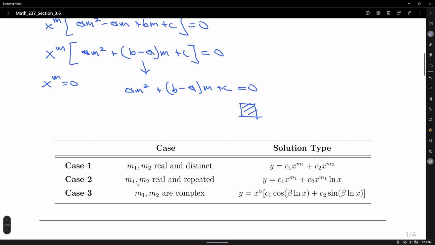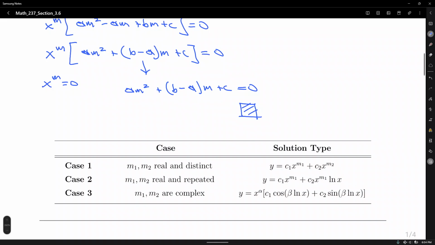For case number 2, when the two solutions are real but repeated, it's going to look like c1 x to the m1 plus c2 x to the m1, but in this case multiplied by a power of ln of x.